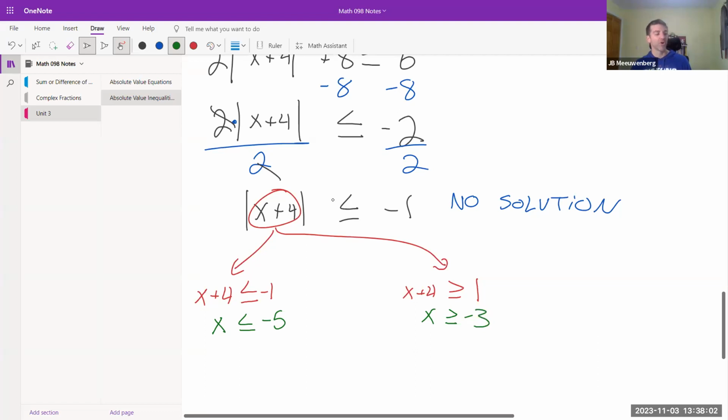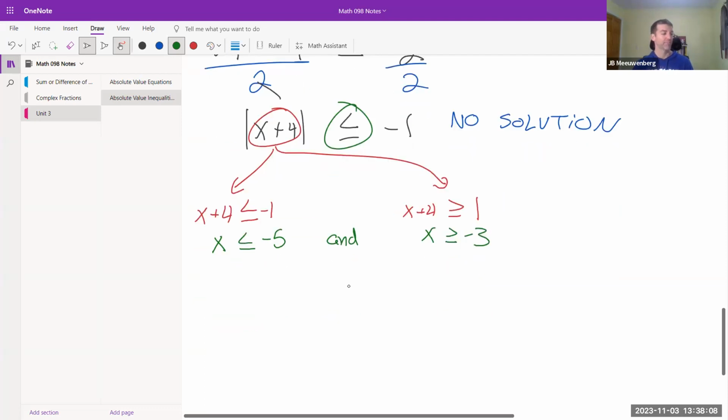Whenever we are doing less thans, it's and. Okay, it's got to be and. They both have to be true. So that's where our graphs are going to overlap. If you try to graph these, here's 0, here's negative 5, here's negative 3. X is less than or equal to negative 5 is shaded here.